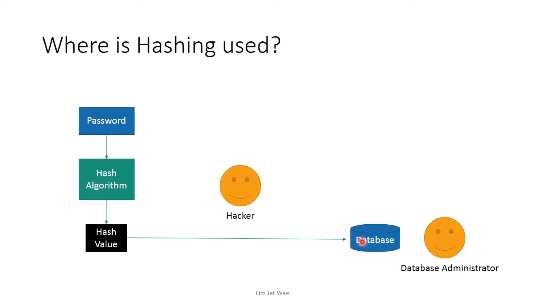The next time you log in to the same system, the password you have just keyed in goes through the same hashing algorithm, produces a hash value, and this hash value is compared with the hash value that was previously stored. If it's the same, then you get to log in and use the application or system.